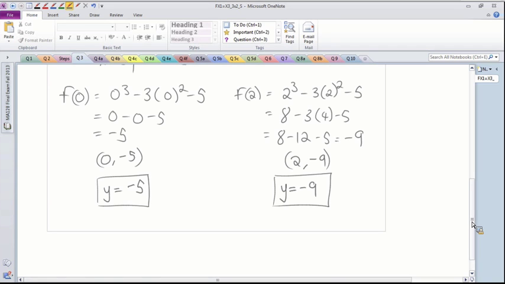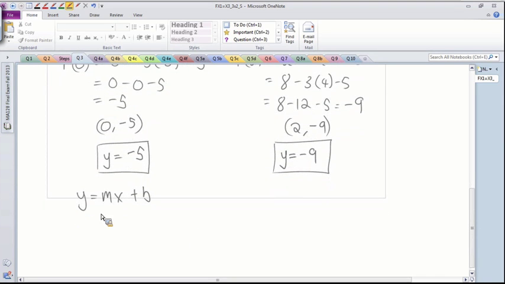So you understand what I said to you? If you wanted to use y equals mx plus b, you could. But what's the slope of our line? The point is (0, -5), so if we plug in -5 for y, it's a horizontal line, so the slope is 0. x is also 0, and we're just trying to find b, so -5 is actually equal to b.